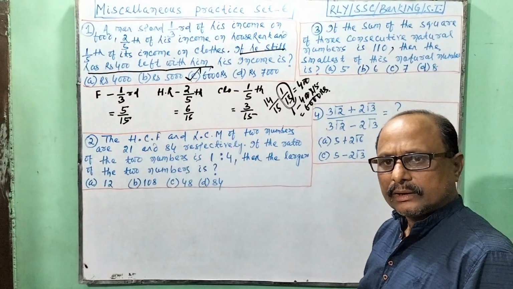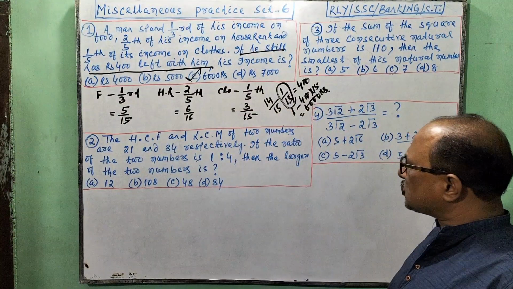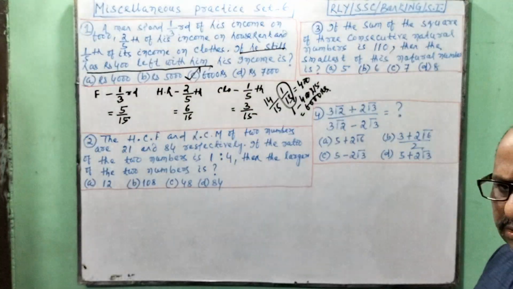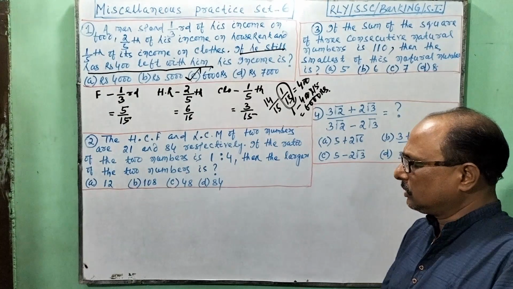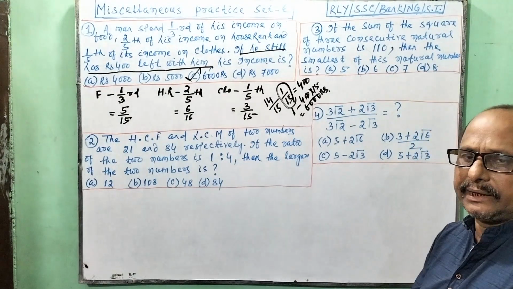Understand? Next, number 2. The HCF and LCM of two numbers are 21 and 84 respectively.